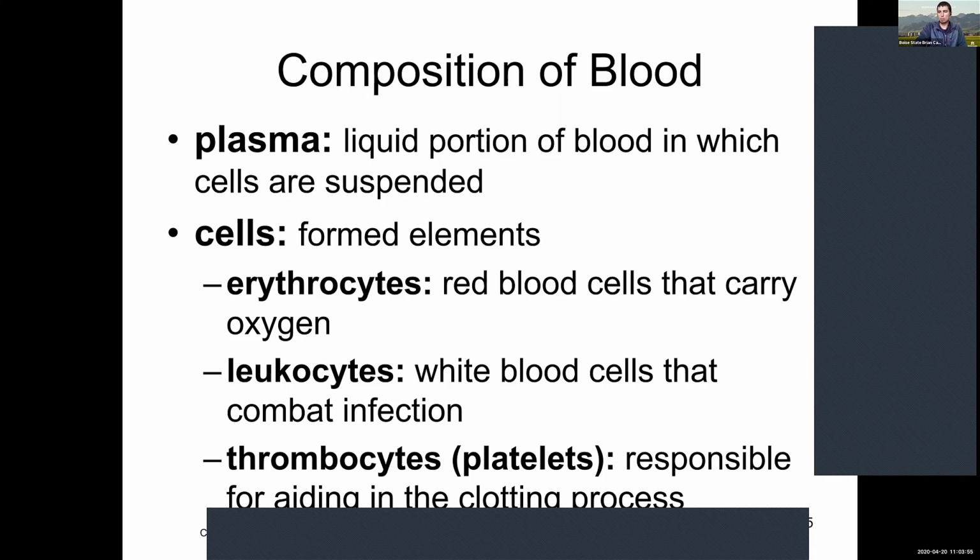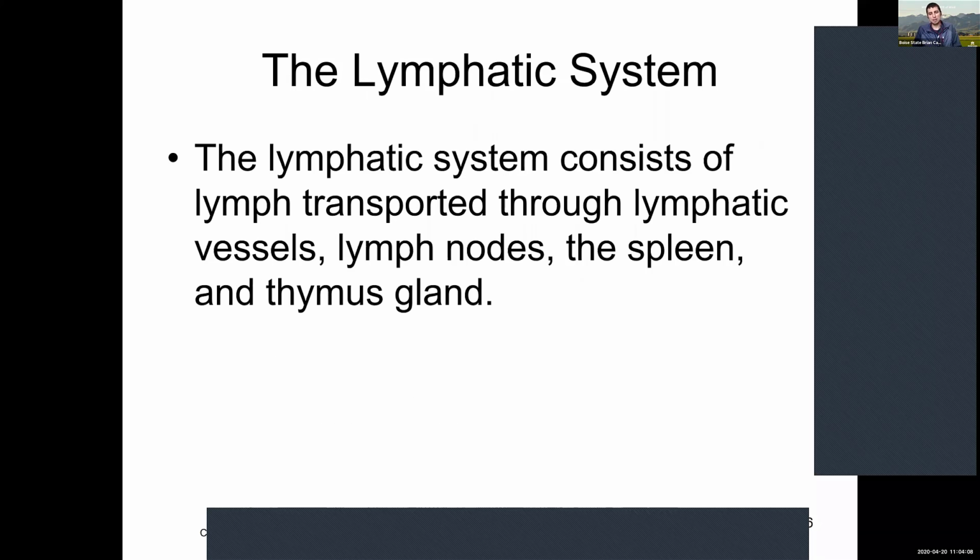And if we didn't have the platelets or the clotting ability, then when we got cut, we would just continue to bleed. The lymphatic system is completely different. It has a different function, although it could be somewhat viewed as similar because of how it flows fluid through the body.